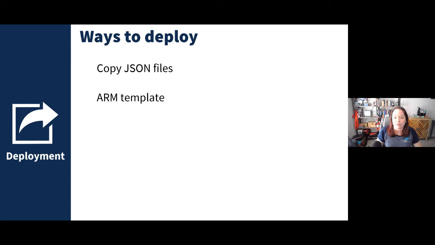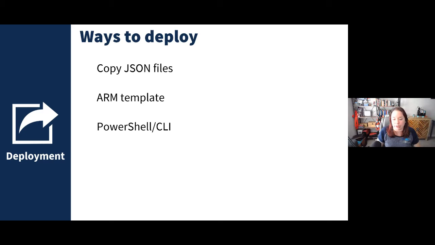The Microsoft approved way is ARM templates. So you can generate an ARM template in the portal and basically download the JSON for that and then upload the JSON for that to the next environment data factory, or you can write code to deploy your ARM template in a more automated fashion.